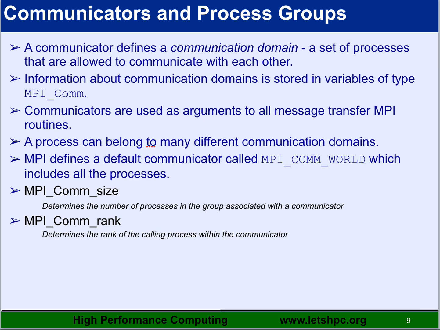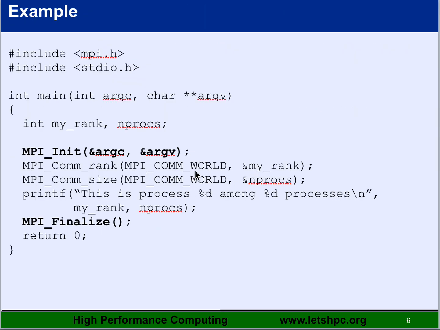If we look into this first example, the default communicator is MPI_COMM_WORLD, and say process 1 is calling this, then what you are going to get here is that my rank is 1. So 1 will be returned here. Suppose process 1 is calling MPI_Comm_size, it will return how many processes are there. This return is going to be the same from all processes, but the rank is going to change as you go from one process to another.